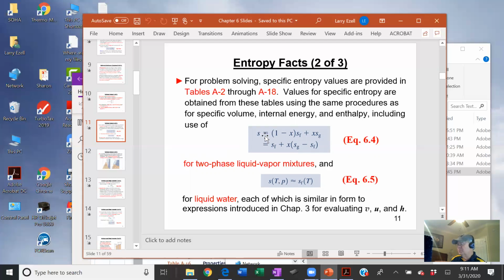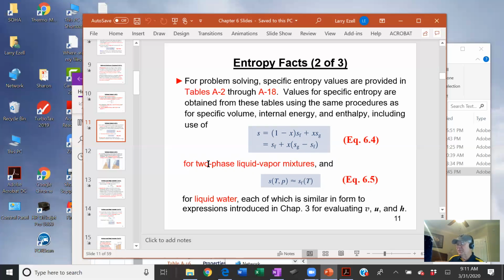It's just we're now using the small s's for the entropy, where SF is the entropy of saturated liquid. SG is the entropy of saturated gas, just like before.